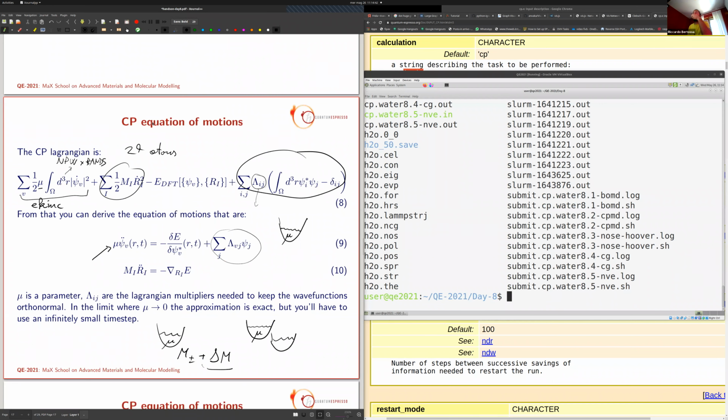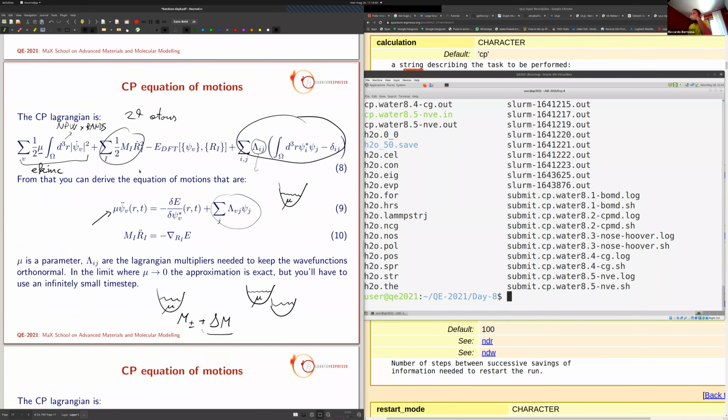So what is the issue? It is that we have two different systems: the ionic system and the electronic system. We want the electronic system to stay always cold. That means the electrons are near the ground state and keep oscillating near the ground state.